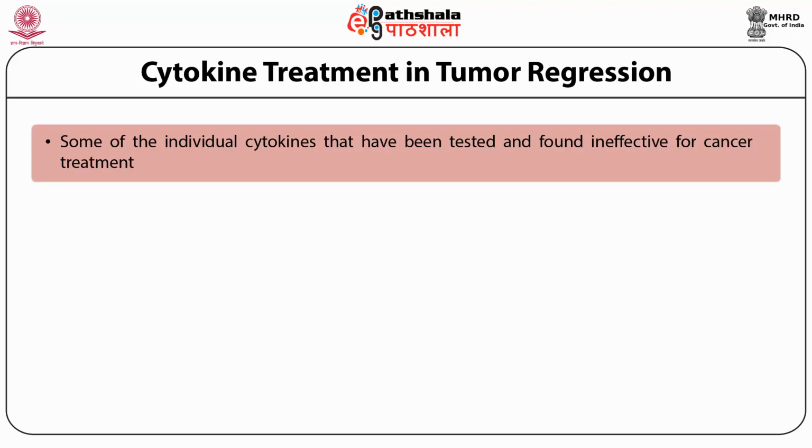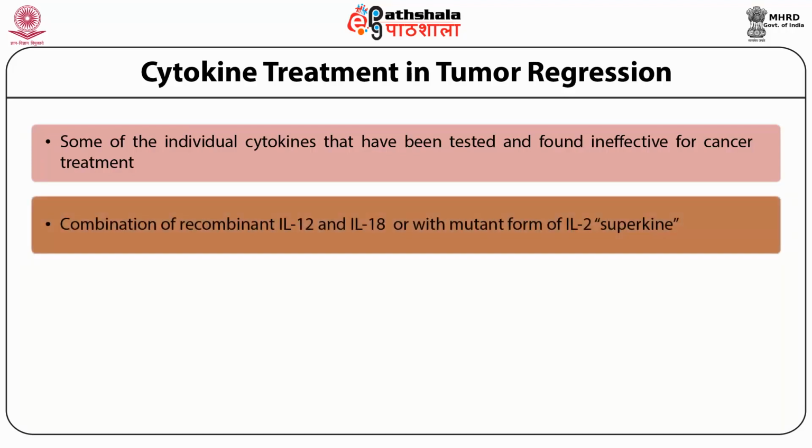Pro-inflammatory cytokine treatment is very important to revert the functional anergy of NK cells within MHC-deficient tumors. A combination of IL-12 and IL-18, or the mutant form of IL-2 called a superkine, can be administered in appropriate doses.